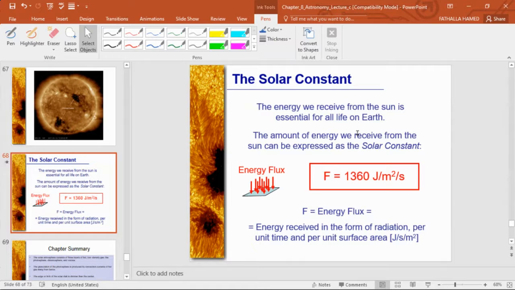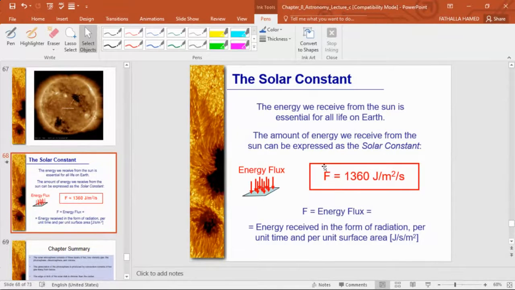And of course, if we trap more heat, that will raise the average temperature of the Earth and could melt the polar caps, north and south, and that will raise the oceans and the water bodies on the surface of the Earth, and that, of course, will lose more land. So we need the greenhouse effect, but we have to keep that in balance.